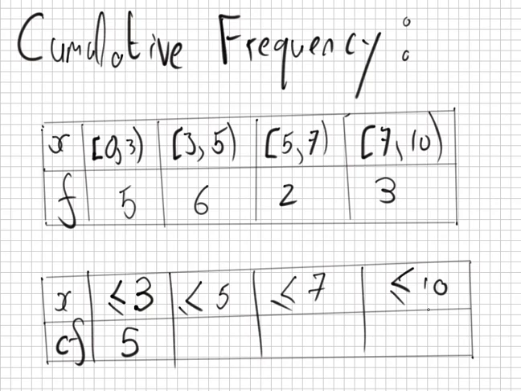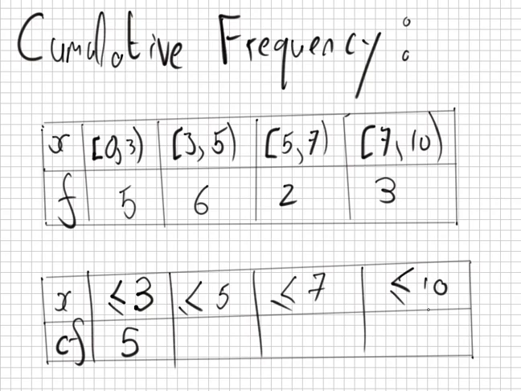How many pieces of data do I have which are less than or equal to 3 in value? You have 5 pieces of data which are between 0 and 3. So that means I have 5 pieces of data which are less than or equal to 3. Because after all, do I have any data smaller than 0? I don't, it starts at 0. So I have 5 pieces of data here.